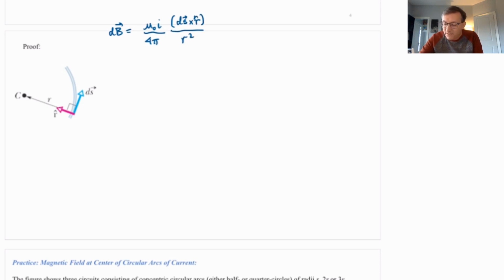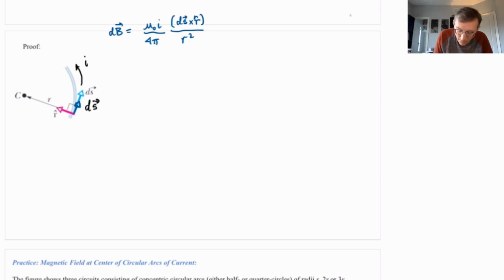Now here's a picture on the left, kind of blown up, and the ds is really drawn too big because it's really just a little infinitesimal segment of the wire, and we make it now into a vector, ds, that is tangent to the wire and in the direction of the current. Remember, the current's flowing around this way.